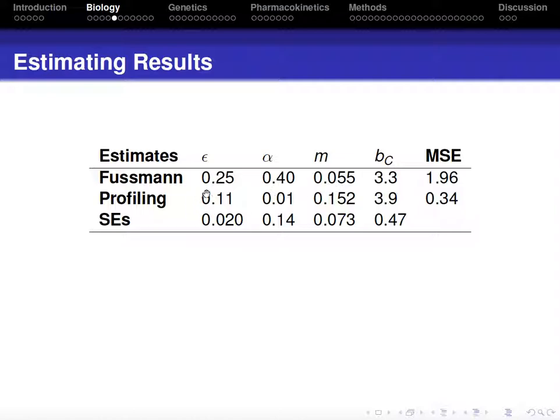And the second row represents the values for these 4 parameters when we use our new method to do the estimation. The last row represents how close the ODE solution is to the data, the mean square error, the fit. Okay, so you can see here using Fussmann parameters, the mean square error to the data is 1.96, and if you use our new estimated parameters, the mean square error is only 0.34. Okay, so the fit is much better.